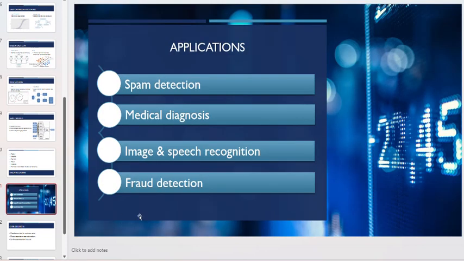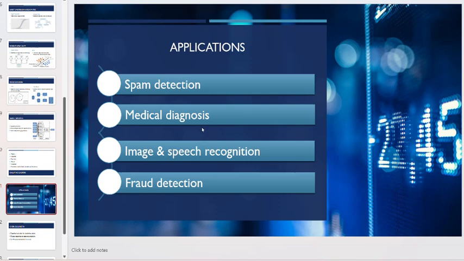And then applications of the classifiers. These classifiers are used in nearly every AI system. In healthcare, diagnosis from symptoms or images. In email, spam detection and protection. In finance, credit scoring and fraud detection.